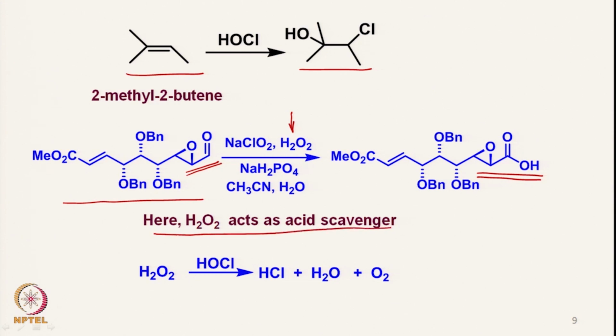Now what happens to the hypochlorous acid that is released? It reacts with hydrogen peroxide to liberate hydrochloric acid, water and oxygen of course, and that goes off the reaction medium. So this is what the Pinnick oxidation is, and that allows the conversion of an aldehyde to the acid.